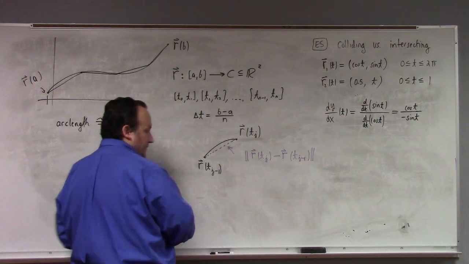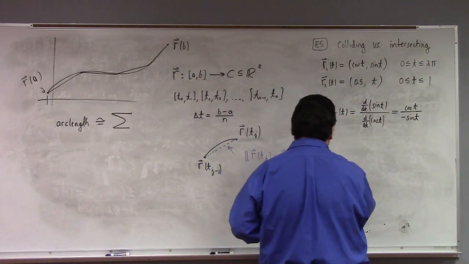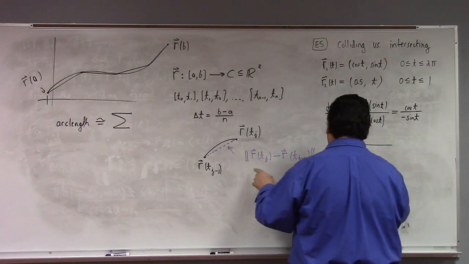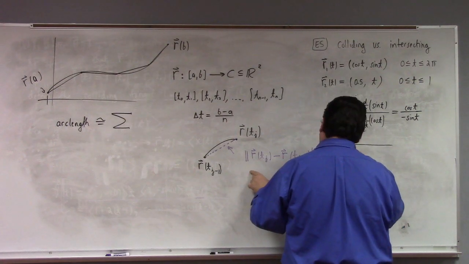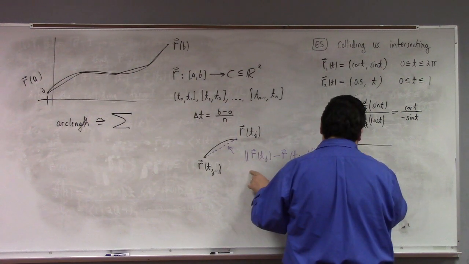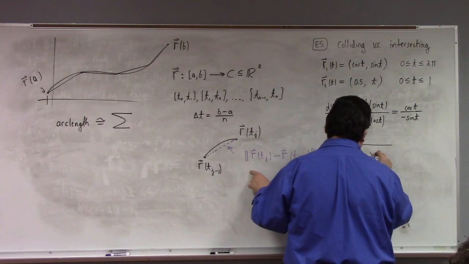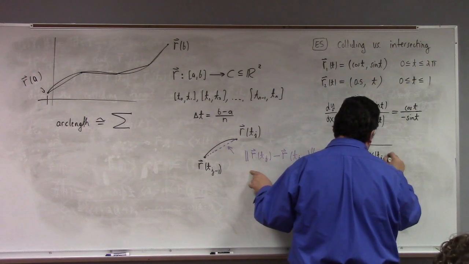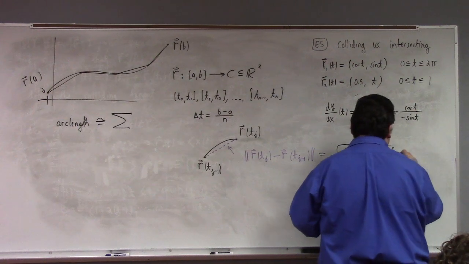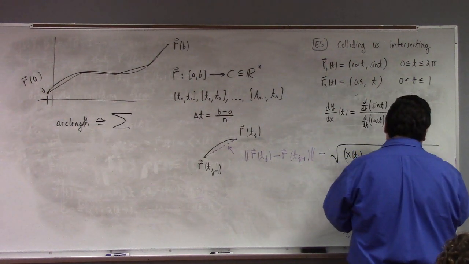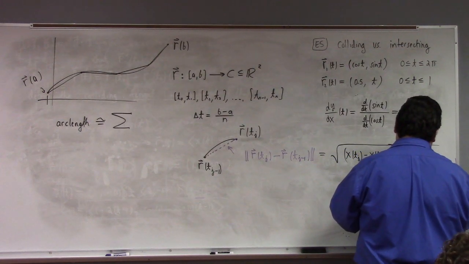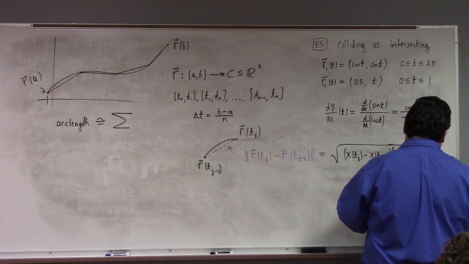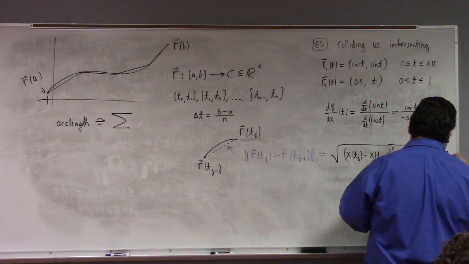What's the formula for that? Well, that's straight up the square root of (x of t_j minus x of t_(j-1)) quantity squared plus (y of t_j minus y of t_(j-1)) quantity squared.